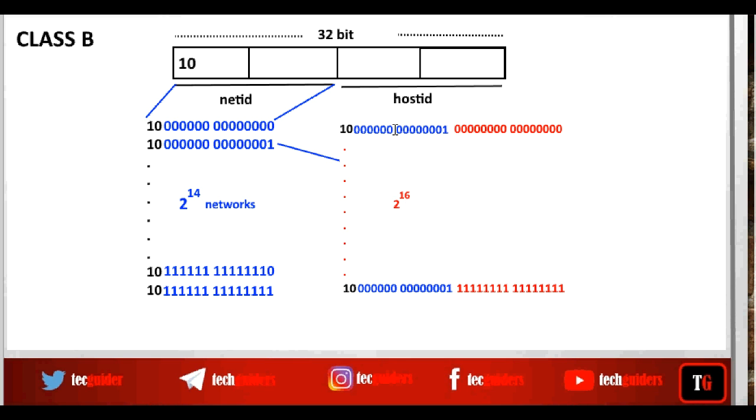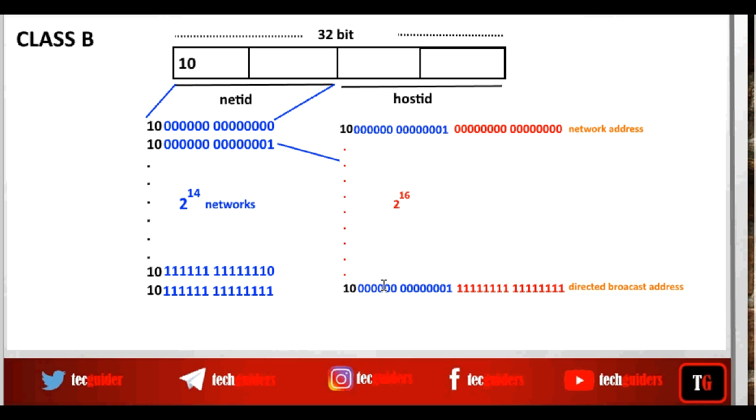Among them, the first IP address, with the network ID followed by all zeros, is used to address the network itself, and the last address, with the network ID followed by all ones, is used as the directed broadcast address for that network. So one address is used to identify the network, and one address is used to communicate with all the hosts within the network.